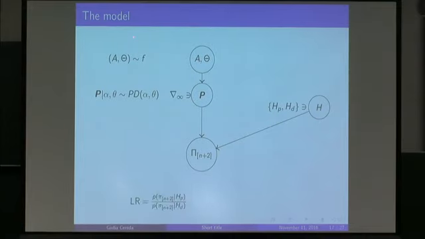And then you see the distribution of the data depends not only on p, but also on h. How? This is the likelihood ratio, of course. It's the probability of observing my data under HP divided by HD.